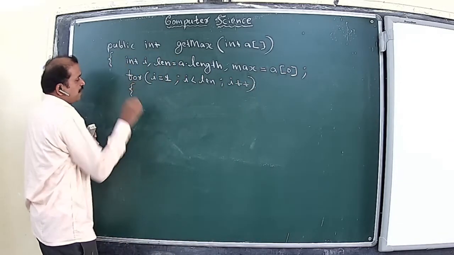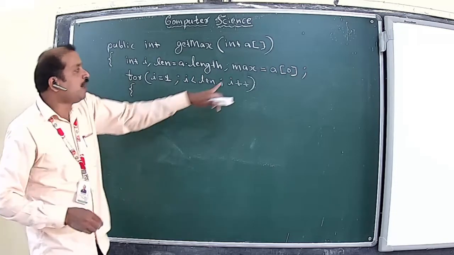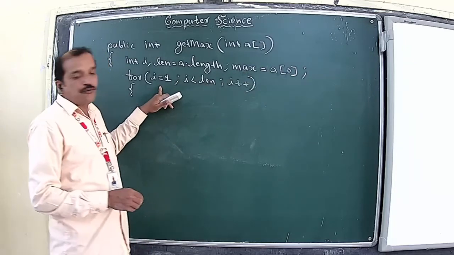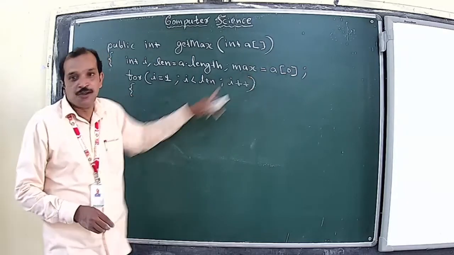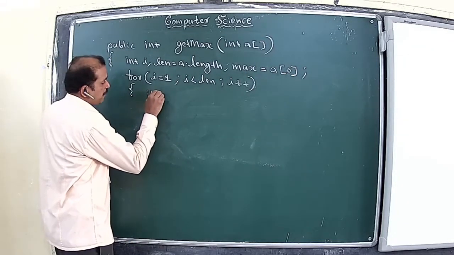Here we have to use a conditional construct using the if operation. We can compare whether the value stored in max is smaller than a of i, that is, whether the value of a of i is greater than this max value. If so, then we will restore that value again. So this is how it can be done.